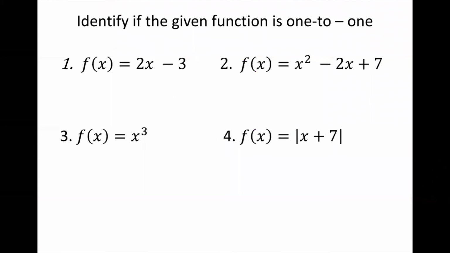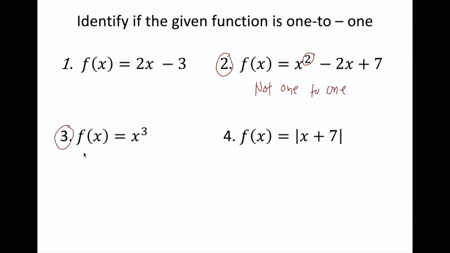This time, how will you know if the given function is one-to-one if the given is an equation? Earlier in the previous examples, we showed the graph for a parabola. This is a parabola, second degree. So obviously, this is not one-to-one. Also this one.